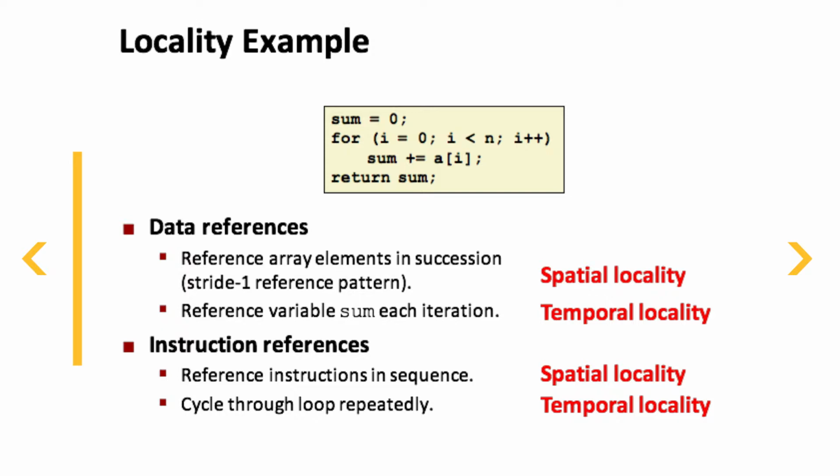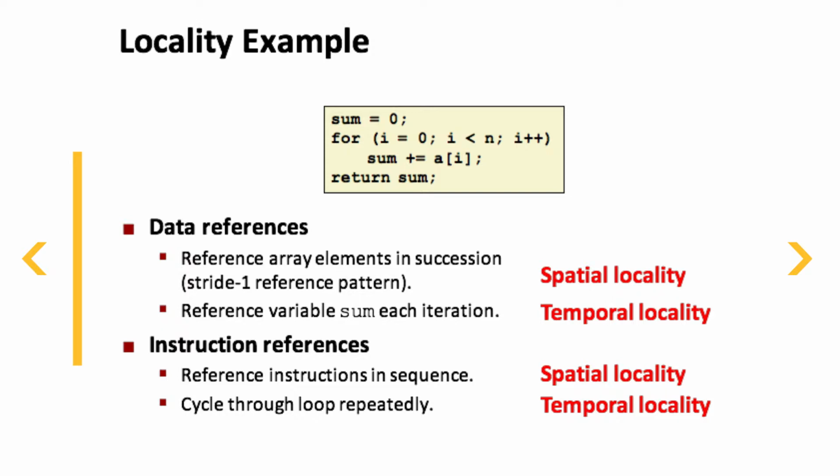Now, we can see locality both for data and for instructions, and we see both spatial locality and temporal locality in this example. Remember that the elements of an array are stored sequentially in memory, so as we loop through, each element we reference is right next to the last element we referenced, right?